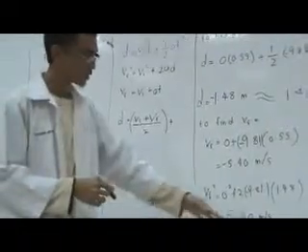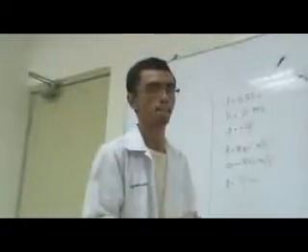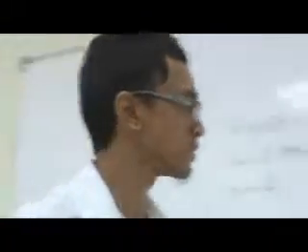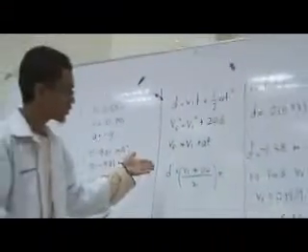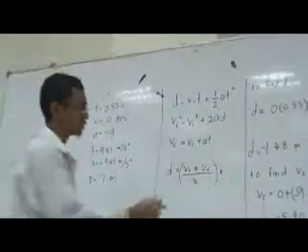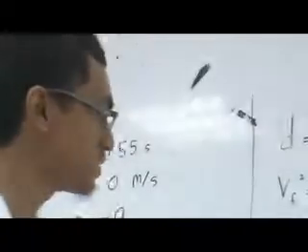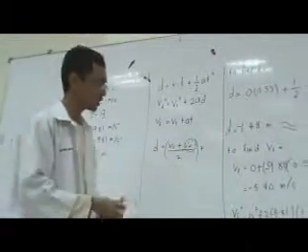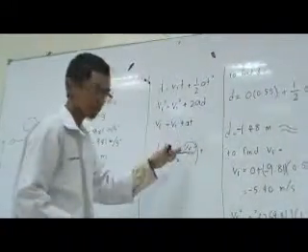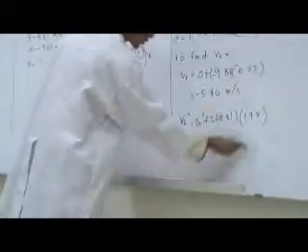If you use this equation, we get the same answer. How about we use this equation since Vf is here? I'm sure and confident that we use this equation, we get Vf like this also.